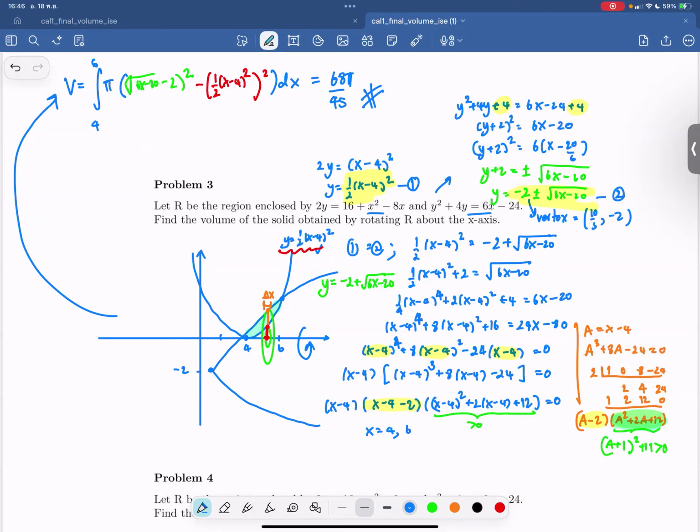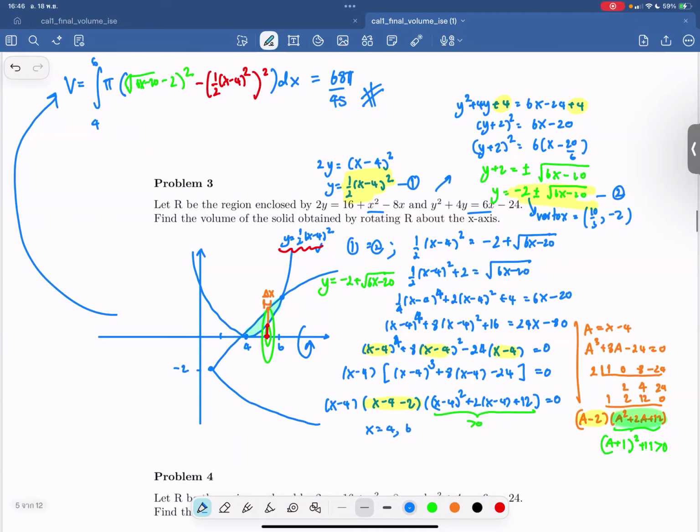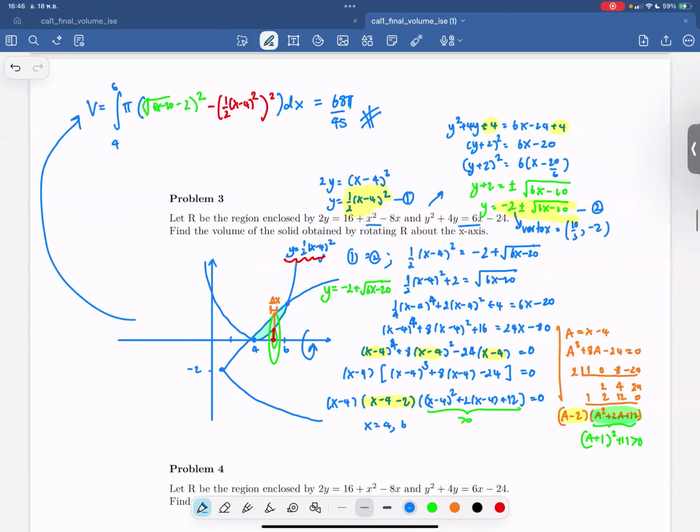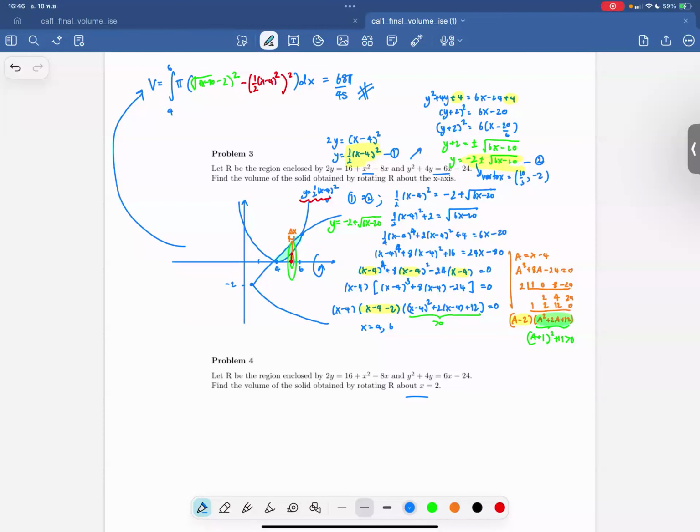Okay, so I may move to problem 4. Actually, problem 3 and problem 4 use the same function, right? But we just change the axis of rotation. So I may copy the graph of the function here.